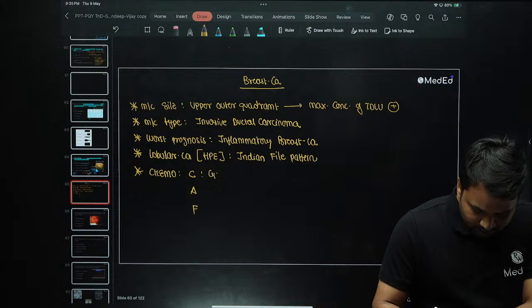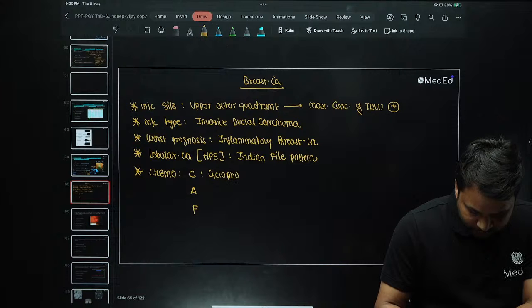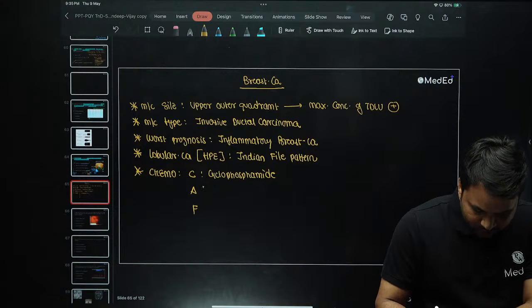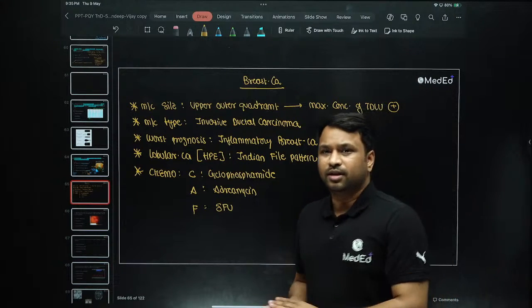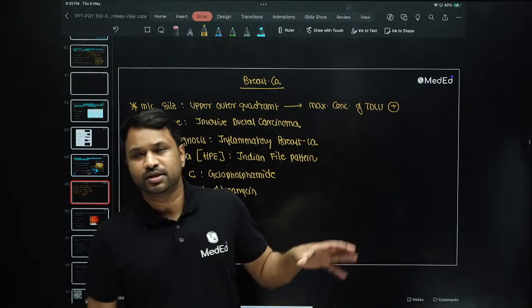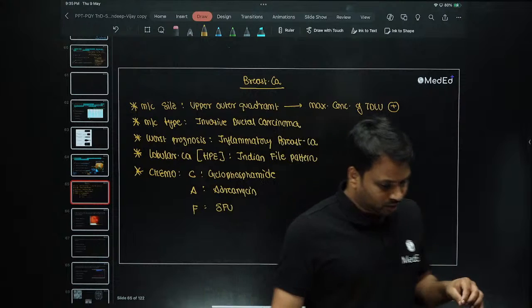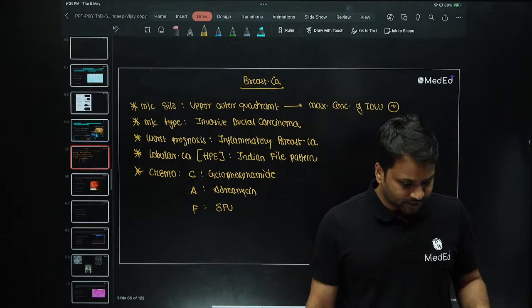C is your cyclophosphamide, A happens to be your adriamycin, and F is your 5-fluorouracil. There are a lot of other important points as well, but this is the basic that you need to remember for quick succession.